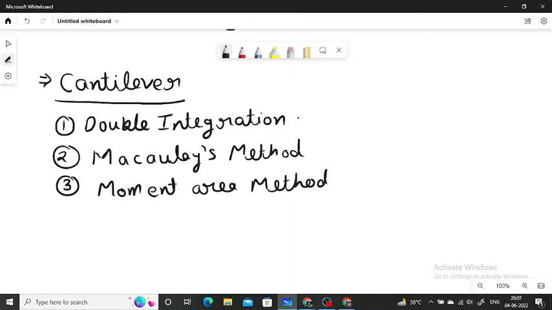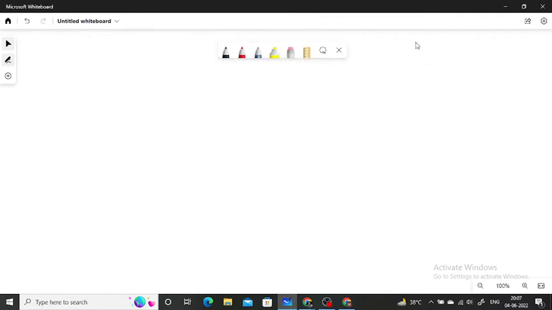First of all, we are using double integration method for determining the slope and deflection of a cantilever beam having a point load at its free end. Okay.